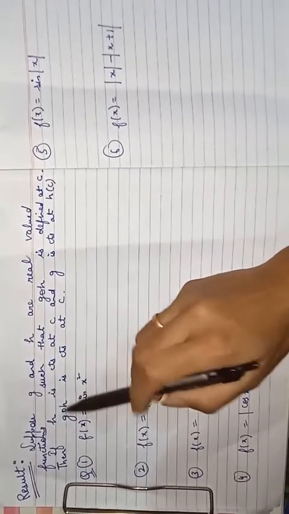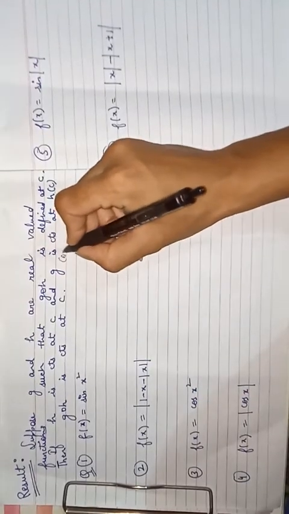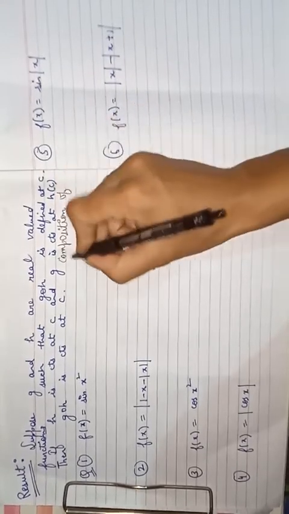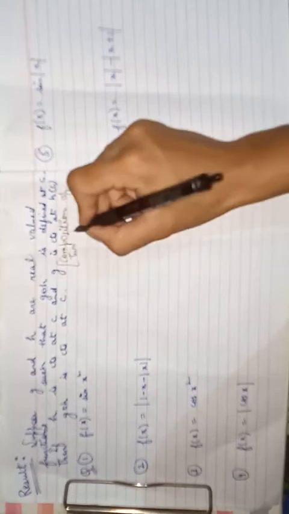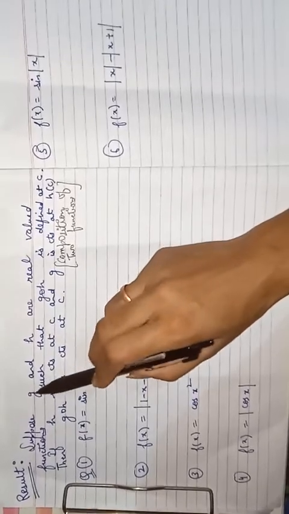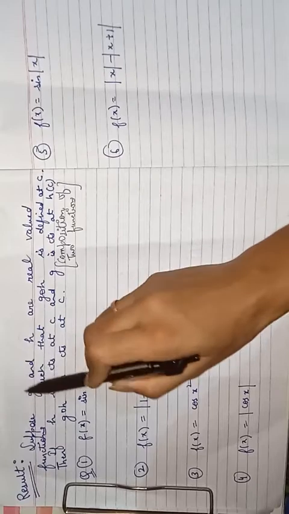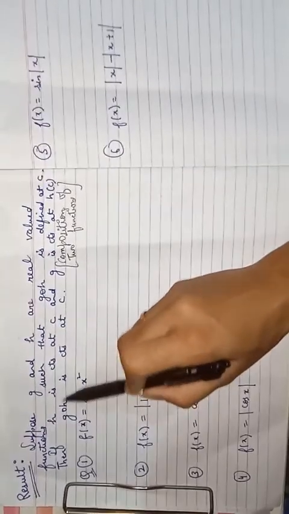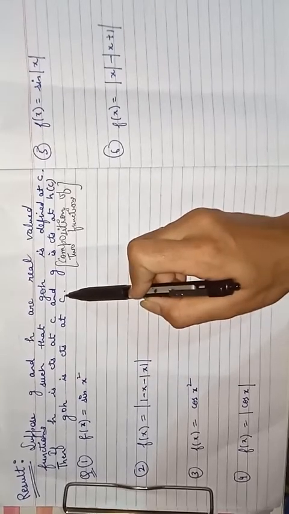This GOH is the composition of two functions. This means that if we are having two functions g and h, where h is continuous at the point C, g is continuous at h of C, then their composition GOH is also continuous at C. But the requirement is that GOH should be defined at the point.